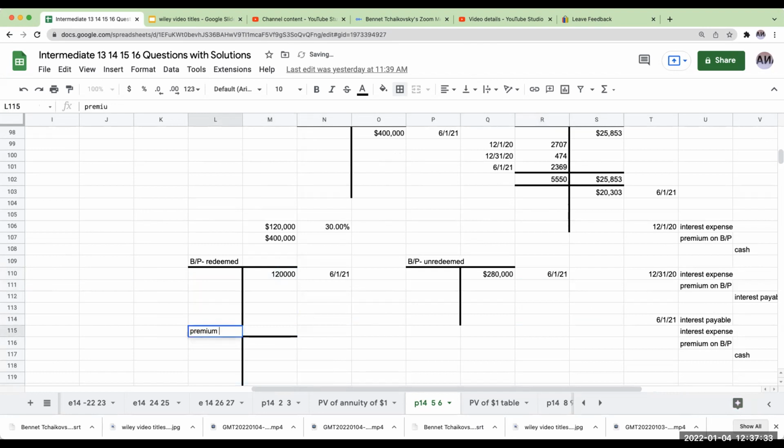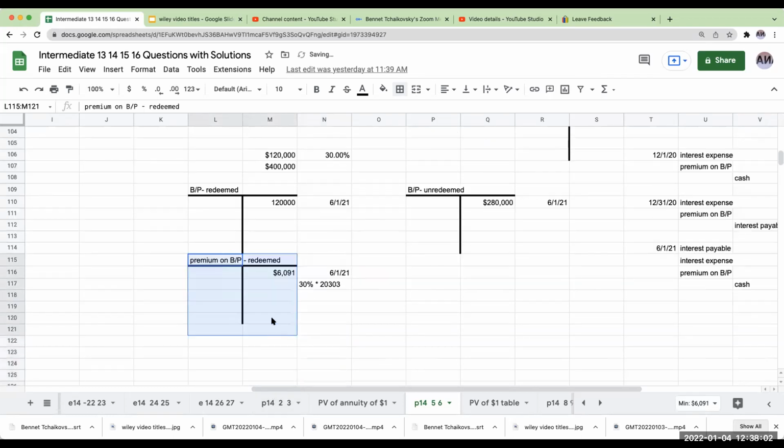So for my premium on bonds payable redeemed, on 6/1/21, this is going to be 30% of 20,303.